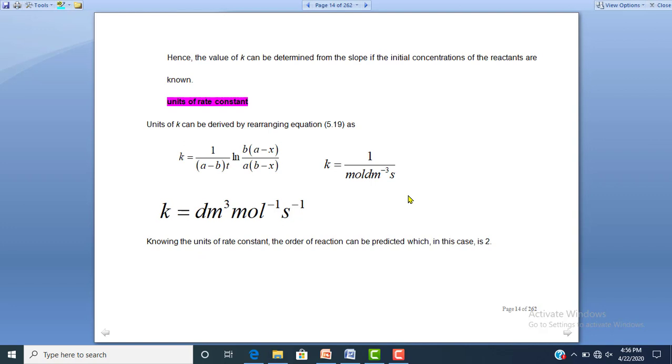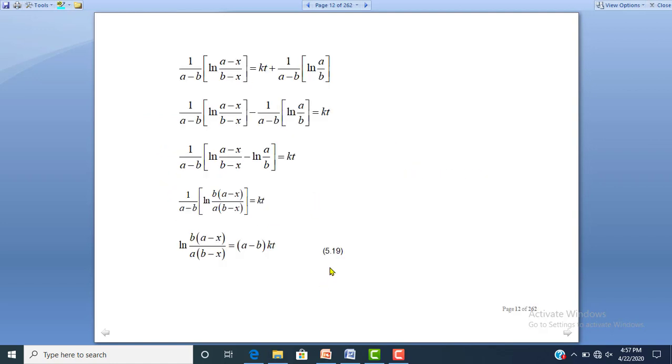At the end, what will be the units of rate constant? Dear students, the unit of the rate constant k can be derived by rearranging equation 5.19. If you see equation 5.19, on the right hand side is a minus b into kt.